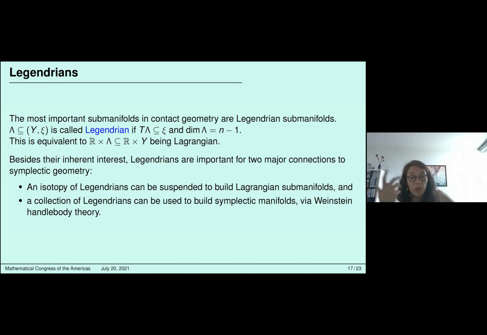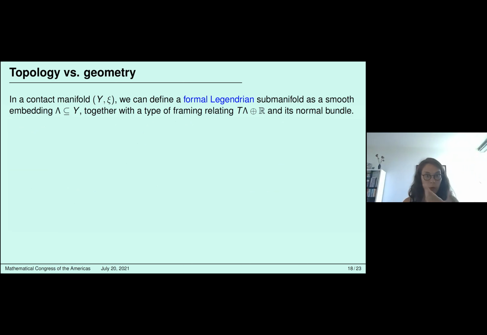The second major connection is that you can use it as directions or blueprints to construct manifolds out of, kind of gluing instructions. And that's how we understand symplectomorphism types of manifolds.